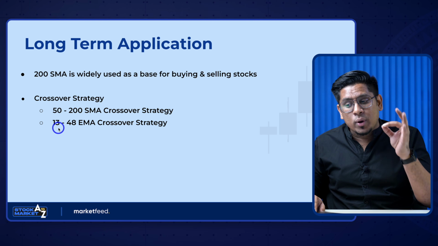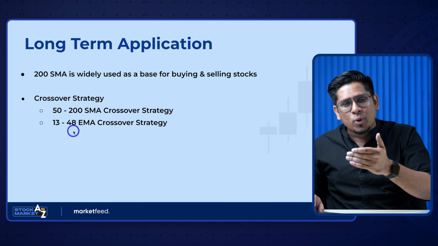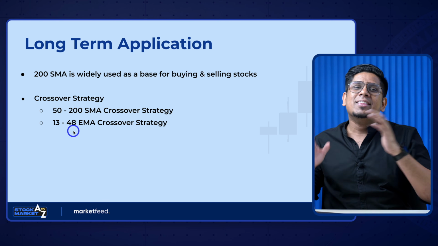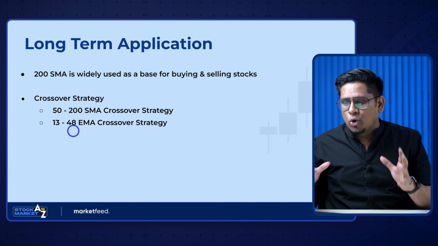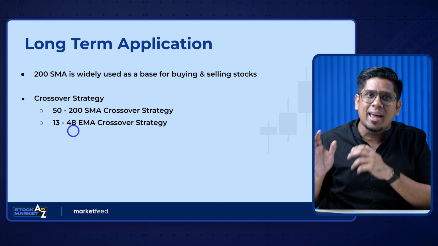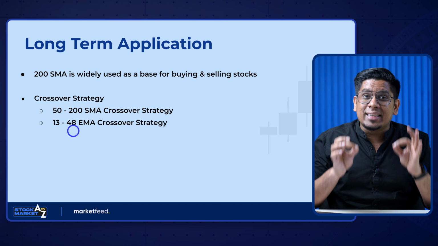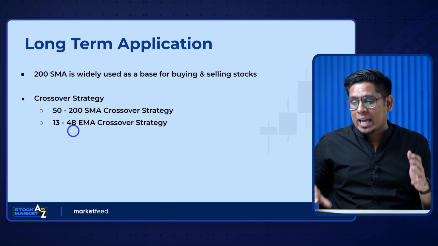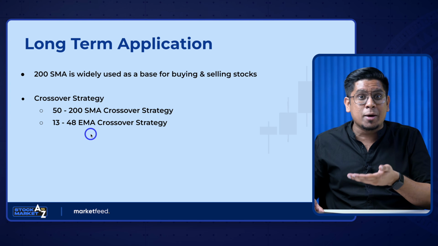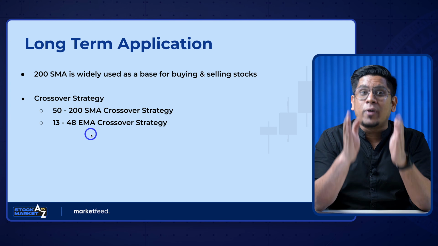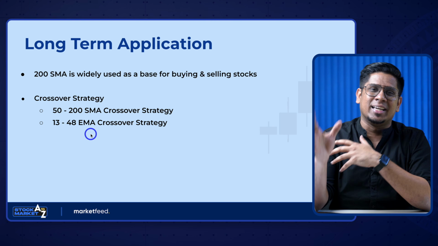If the smaller moving average is breaking the larger moving average towards the lower direction, then it is a bearish indication. So I'm not going into charts and showing each and every case, keeping time in mind, but you can always do that. Take it as an assignment, select multiple stocks, apply these SMAs and EMAs wherever necessary, and find good bullish and bearish signals.